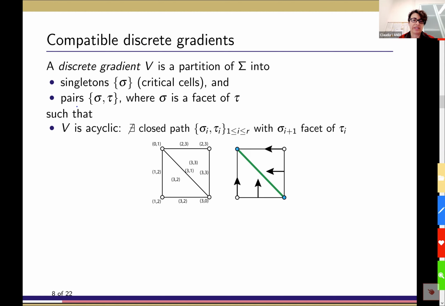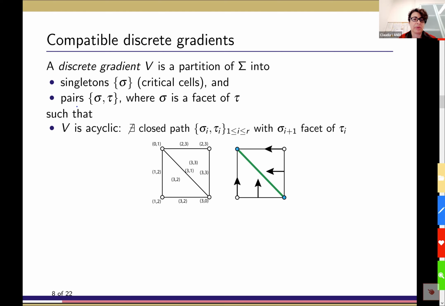In general, a discrete gradient is something very classical that consists in partitioning the simplices into two sets. There are simplices that are singletons, so they are not paired, and there are other simplices that form pairs, and it can be so only when one is a coface of dimension one more than its face.